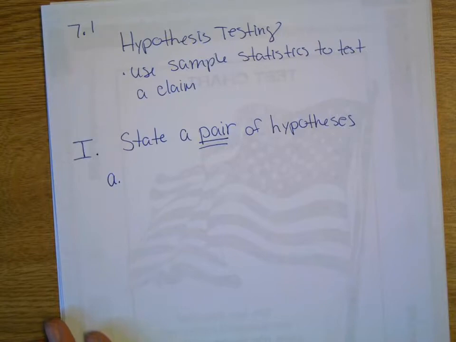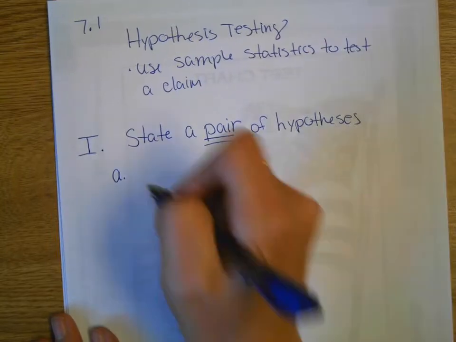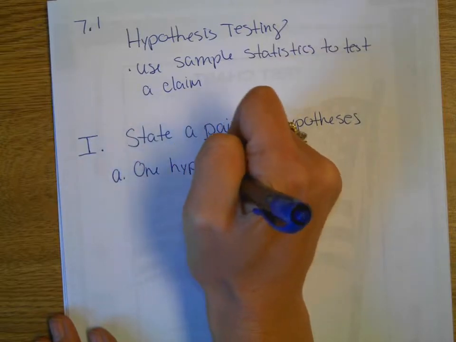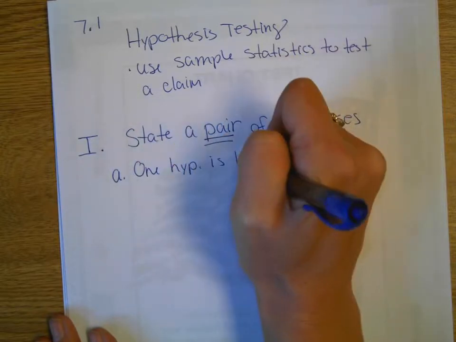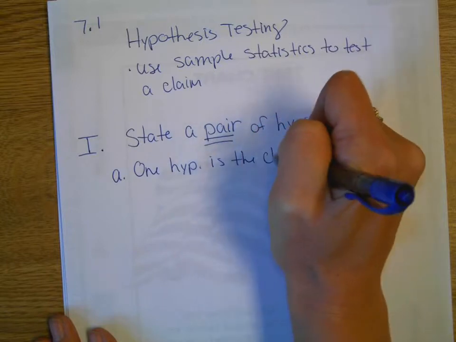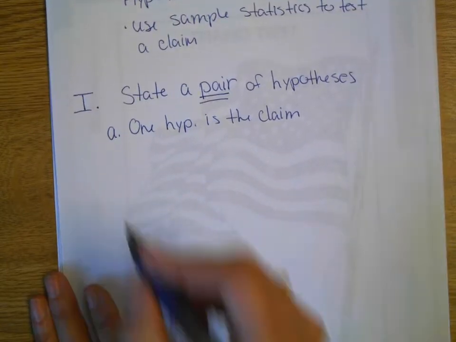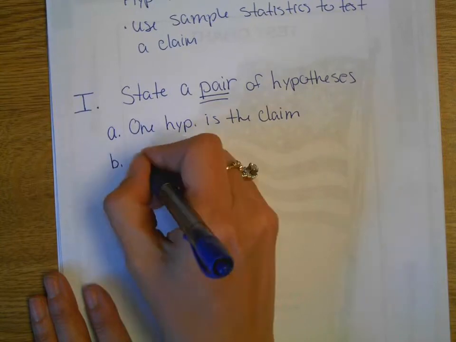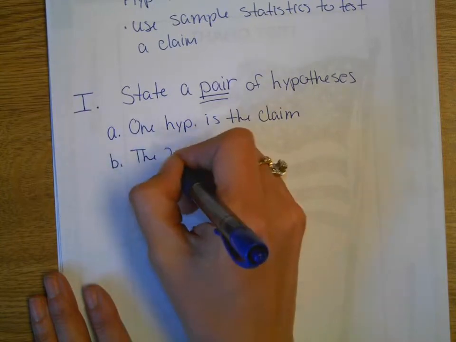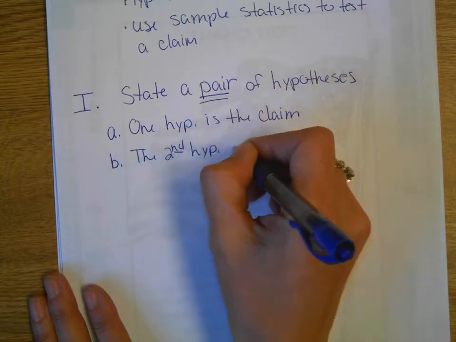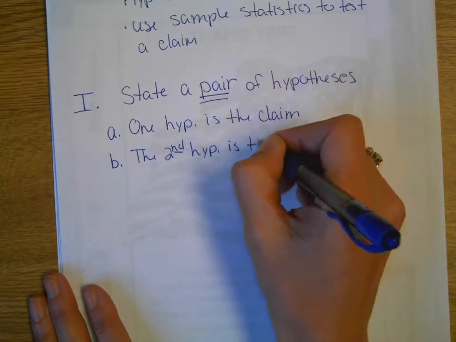One hypothesis is going to be the claim that's being made. The second hypothesis is the opposite of the claim.